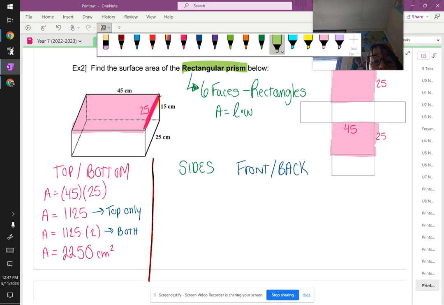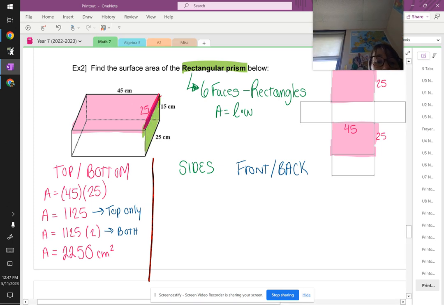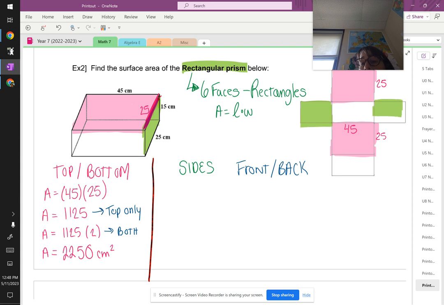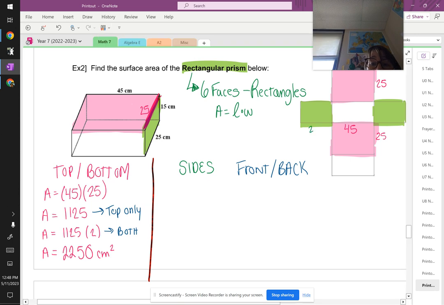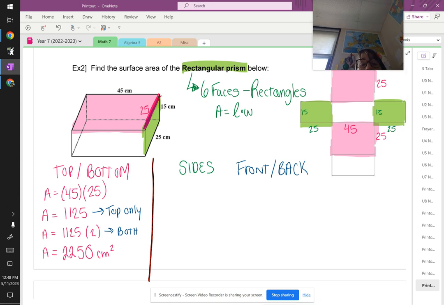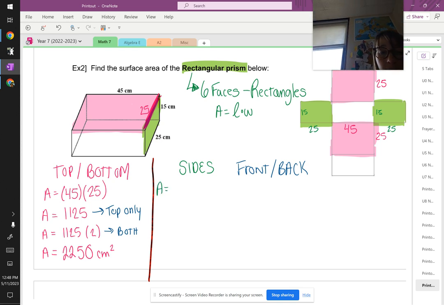Okay, up next, looking at the sides. So again, just highlighting that in a different color now so I can get a better visual. Those sides are represented by these pieces here. Boom. Boom. And as you might be able to see from the diagram, that rectangle has dimensions of 25 and 15. Okay, so area equals 15 times 25. 15 times 25 turns into 375.